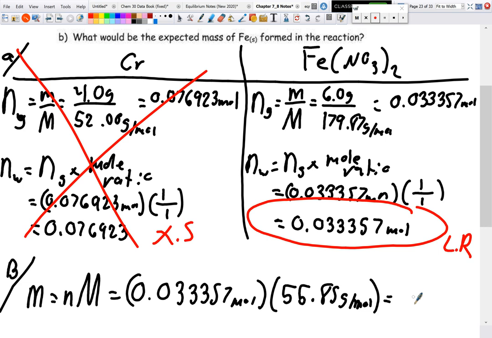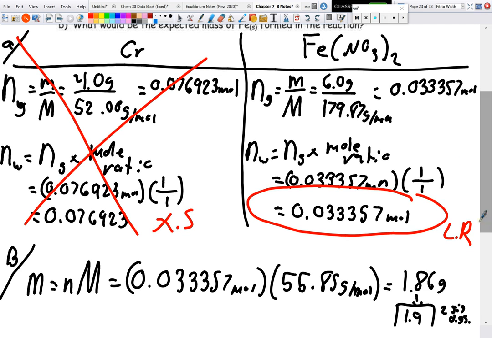And we get 1.86 grams, which we are going to simplify into 1.9 for 2 significant digits. And that is how we solve our second limiting reagent question.